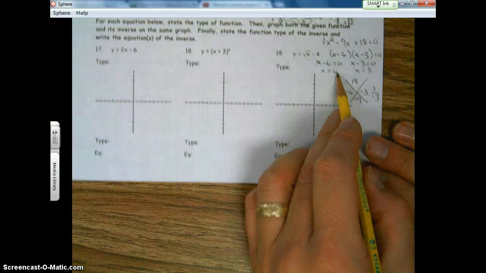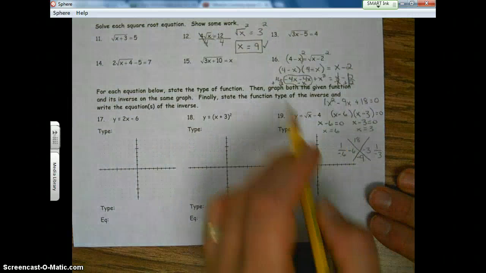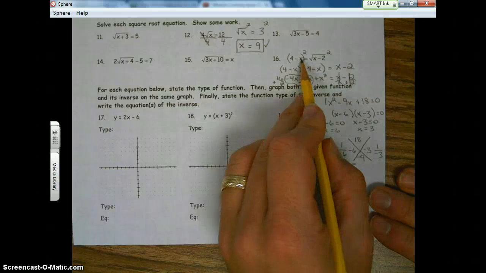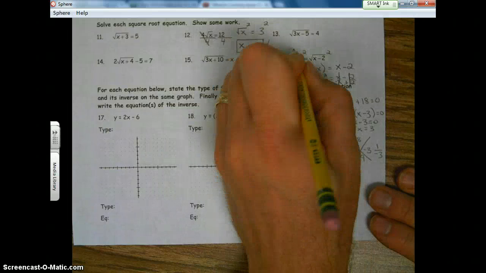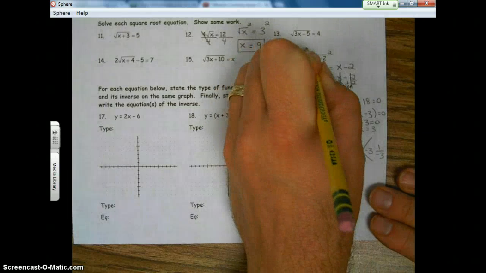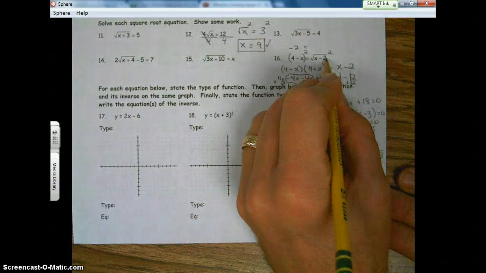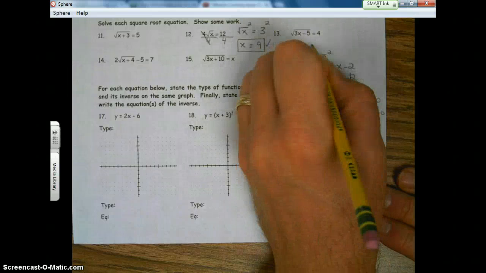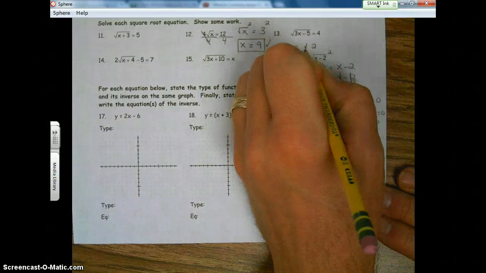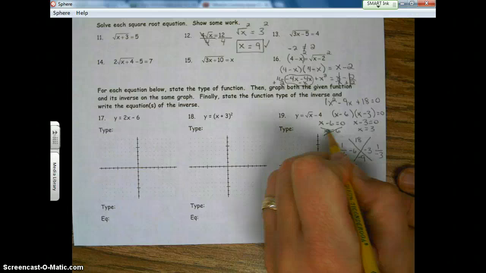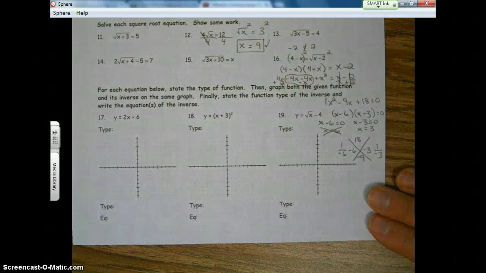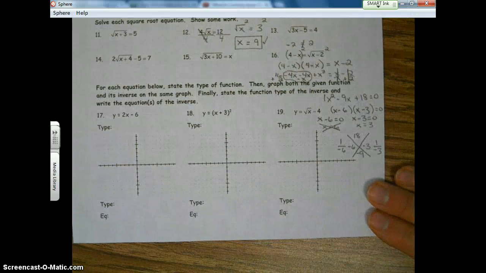So let's try 6. So 4 minus 6, negative 2. 6 minus 2 is 4. The square root of 4 is 2. They do not equal, so this is extraneous. That's an extraneous solution, an extra solution.